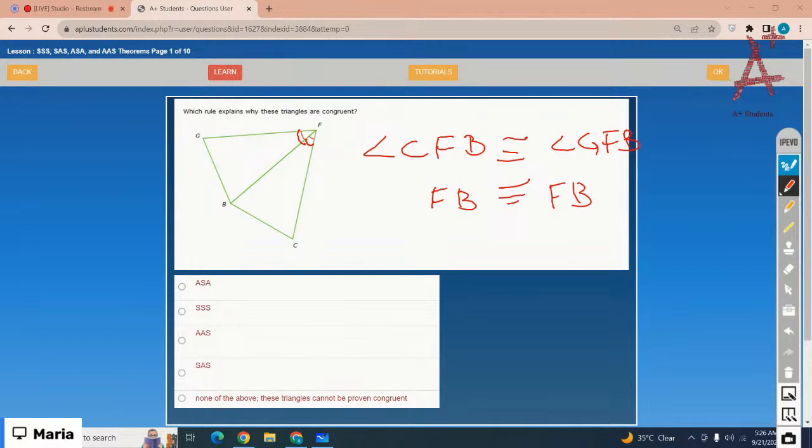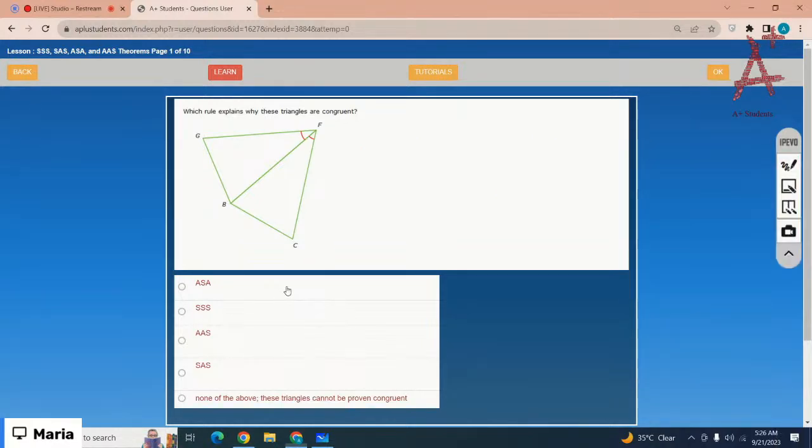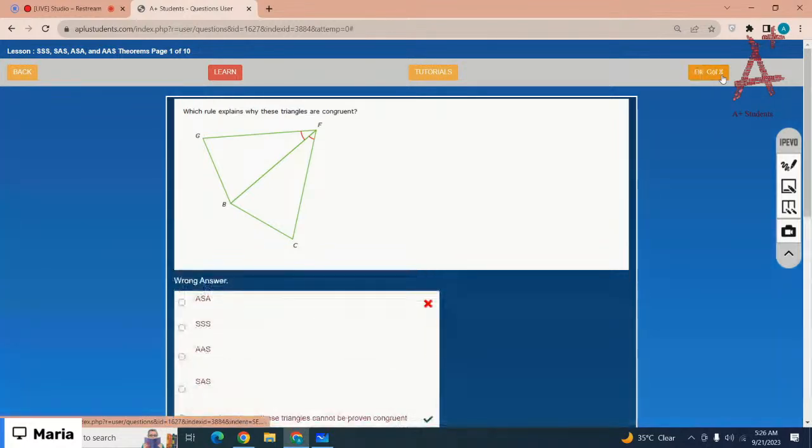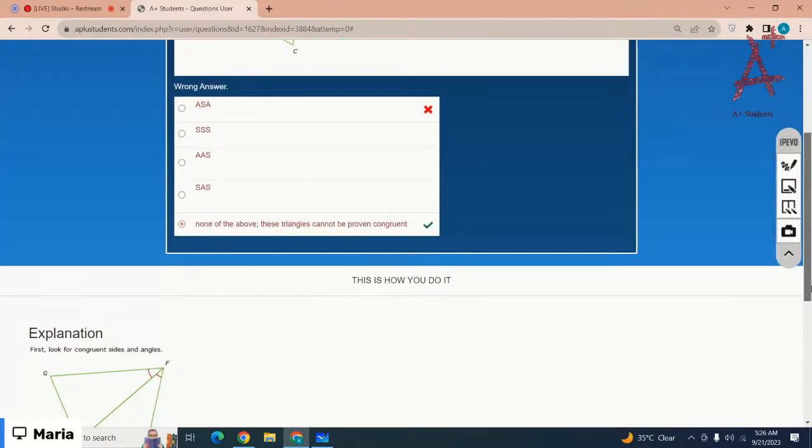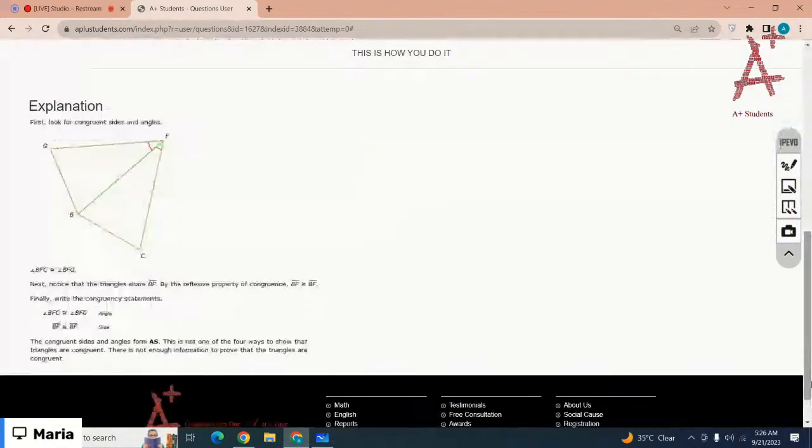So it would be angle, angle, and side. No, that means it is none of the above, these triangles cannot be proven.